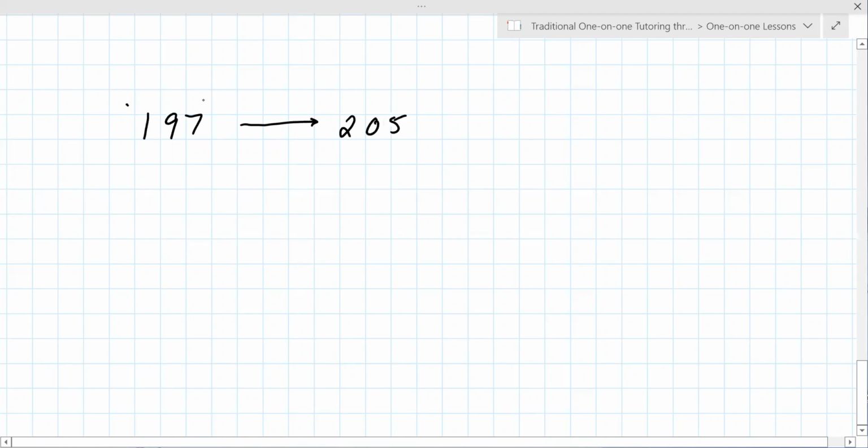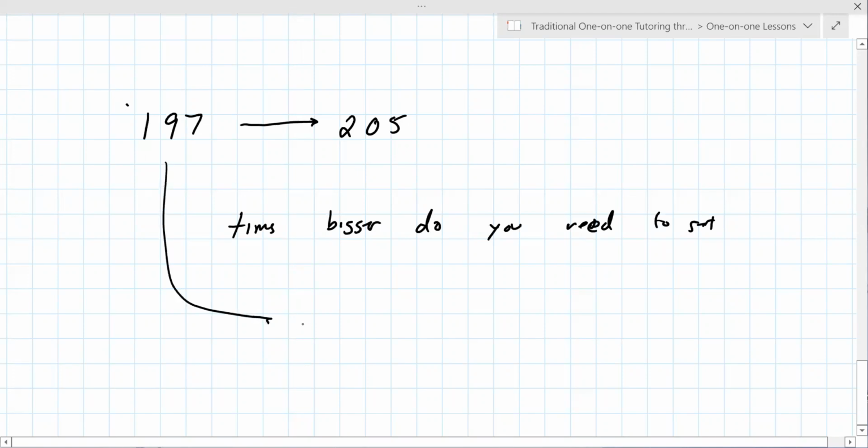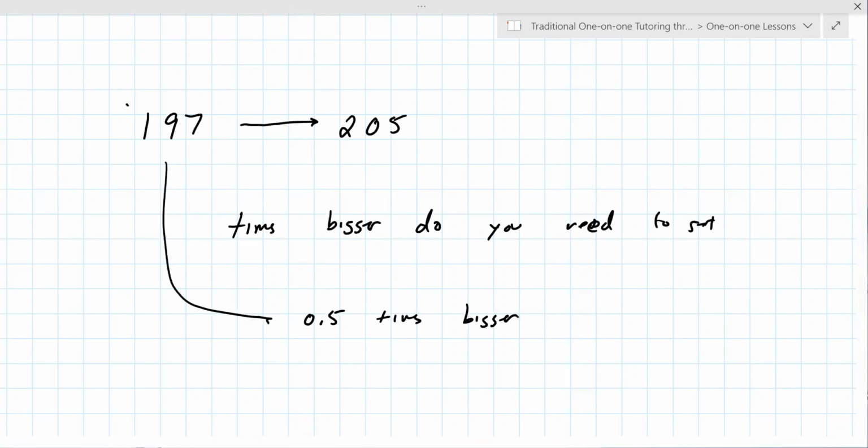The problem is really asking you, how many times bigger do you need to get? Probably like 1.05. Okay, but before you answer that question, let's just say you wanted to get 0.5 times bigger, which is a little weird. What would that mean? What would your weight actually drop to, roughly?